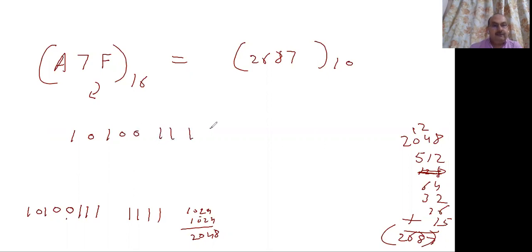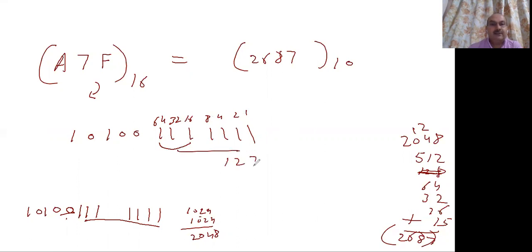So it will be 1, 2, 4, 8, 16, 32, 64. तो यहाँ तक हम पहले ही ऐड कर लेते हैं. ये कितना हो गया? 64, 6, 70, 80, 90, 100, 112, 120, 124, 126, 127. यहाँ तक आ गया 127.